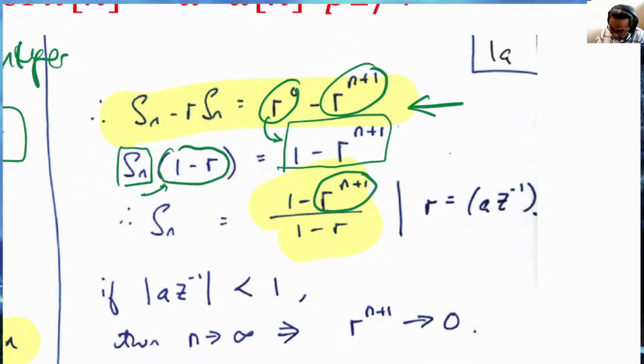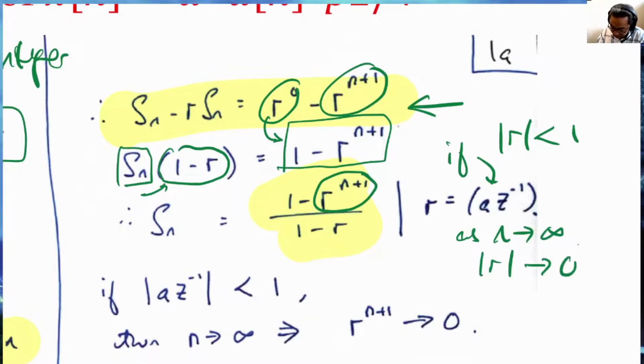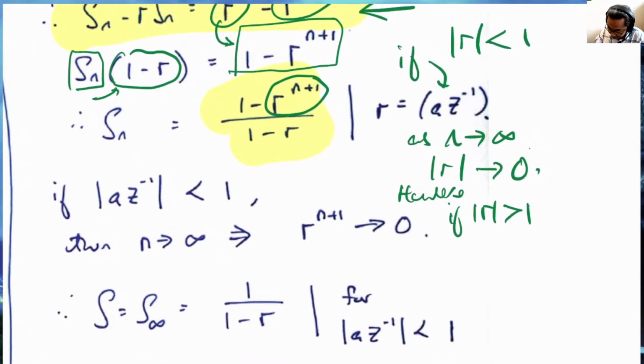If the absolute value of r is less than 1, as n tends to infinity, r^n will tend to 0. However, if the absolute value of r is greater than 1, then r^n tends to infinity as n tends to infinity. So we are hoping that the absolute value of r is less than 1.